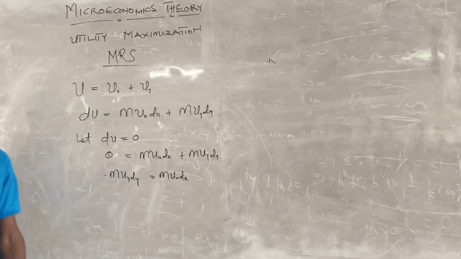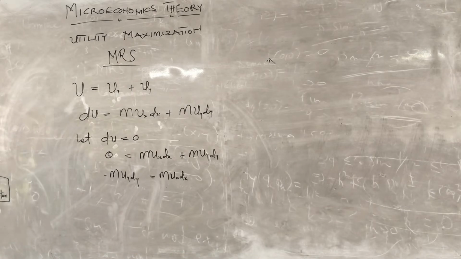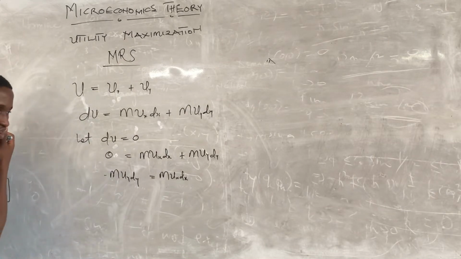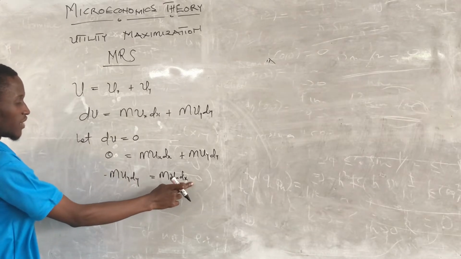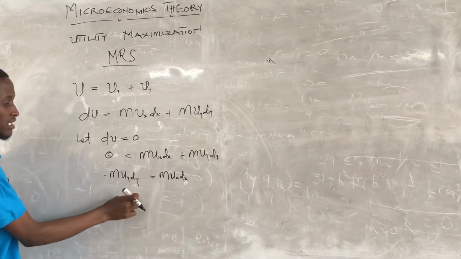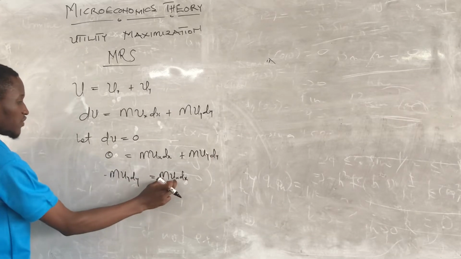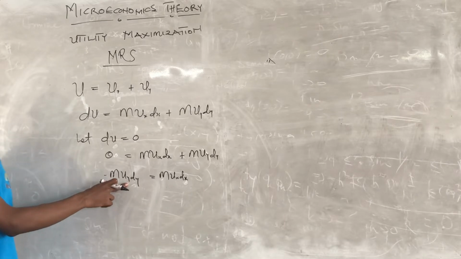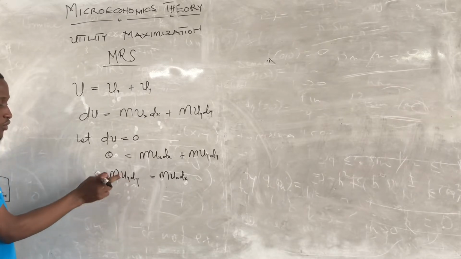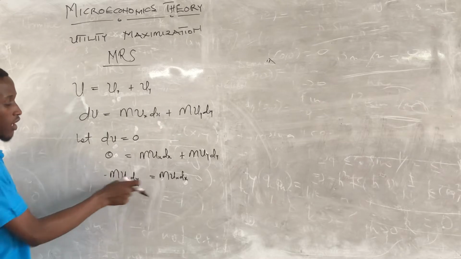I want to make dy dx the subject. How do I make dy dx the subject? I have dy here, I have dx here. So if I divide through by dx, I'll have dy dx. Then I'll have MUx standing alone, but I'll still have MUy multiplying the dy dx. I have to get rid of it, so I'll divide by MUy on both sides.